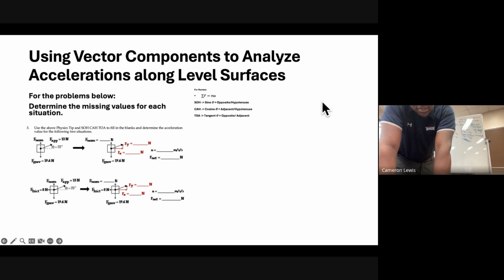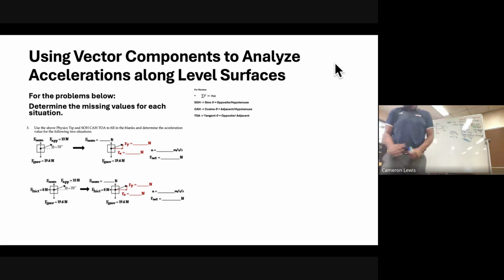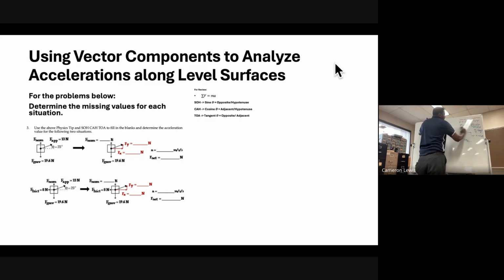Now take this, and now we're going to do something very similar, right? Now that was just level surfaces, where it was just flat, right? But now what happens if we introduce the concept of a slanted force, or a force that has a horizontal component and a vertical component?